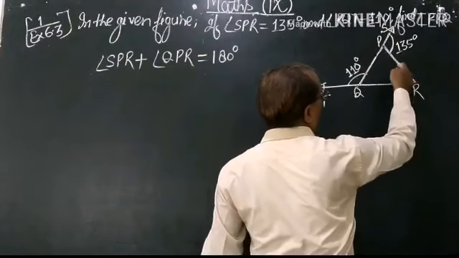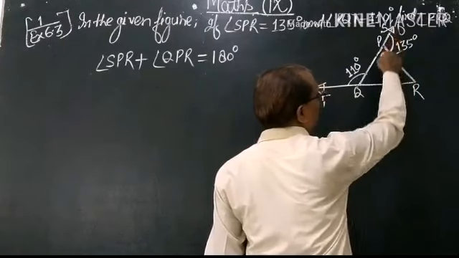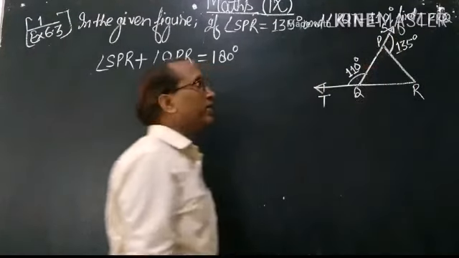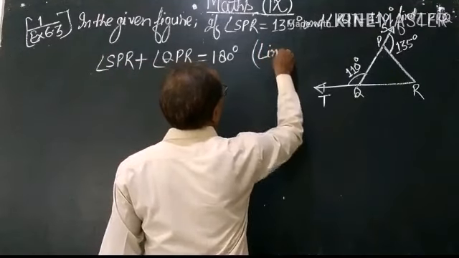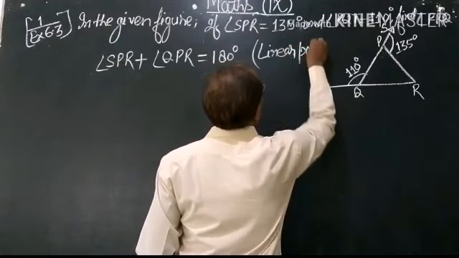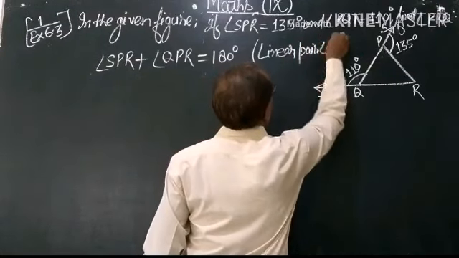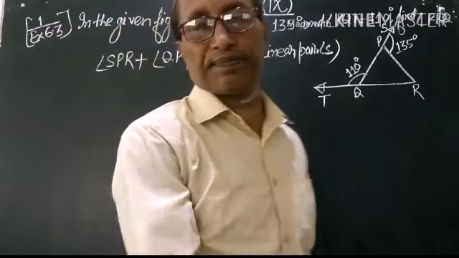Angle SPR plus angle QPR means this angle plus this angle is 180 degrees, by the property of linear pair angles.